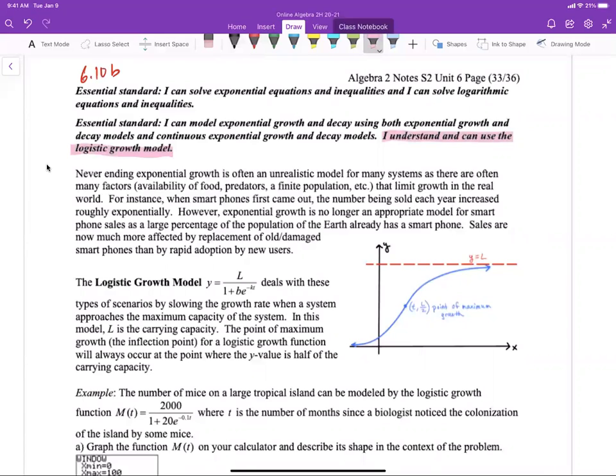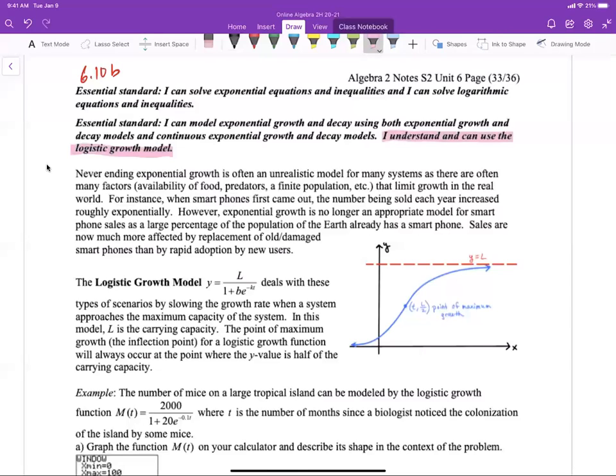Okay, so let's talk about how this applies to real life. Never ending exponential growth, which we have modeled in this unit and have graphed and have solved, is often a very unrealistic model for many systems, as there are other factors that are involved.